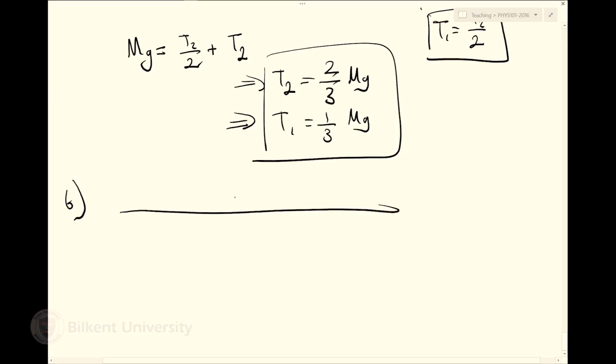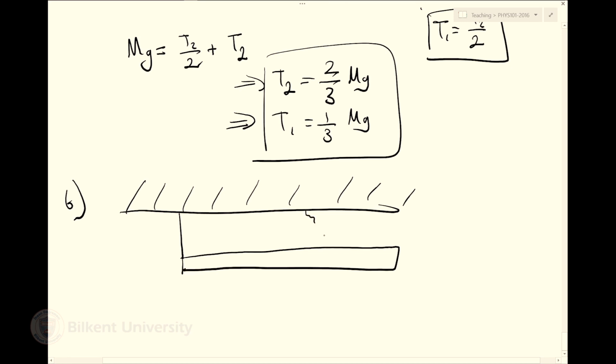Now here's the situation. Suddenly, the second rope has snapped. Okay. So what do I need to do now? I need to find two things.